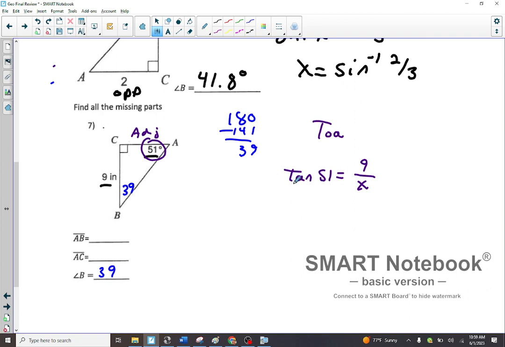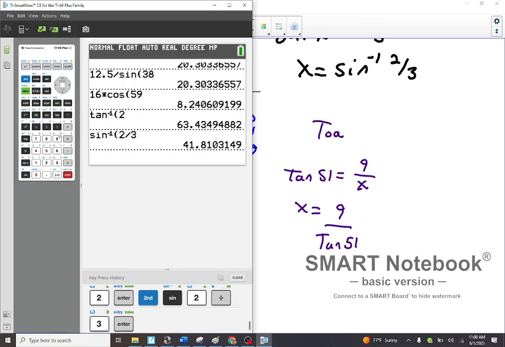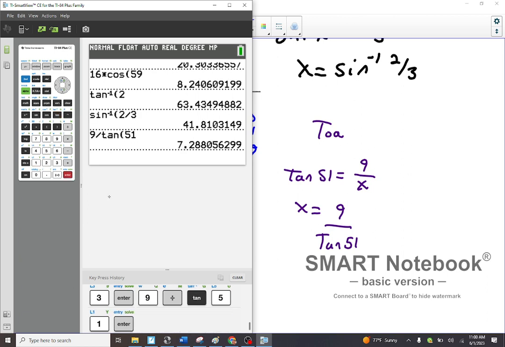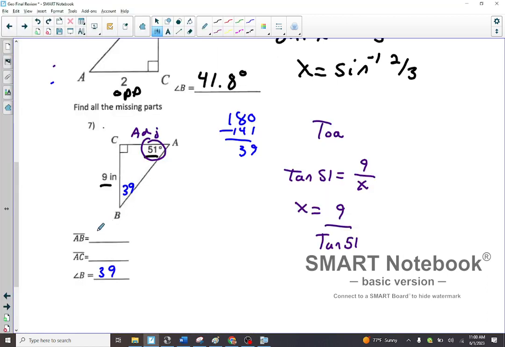To make your life easier, you could swap the positions, because x is on the bottom of a fraction. So x equals 9 over tan 51. We take the calculator. 9 divided by tan 51. 7.28, or 7.3 rounded. So AC is 7.3.